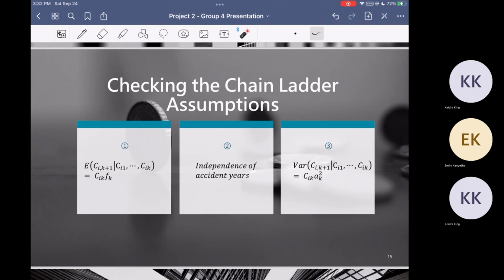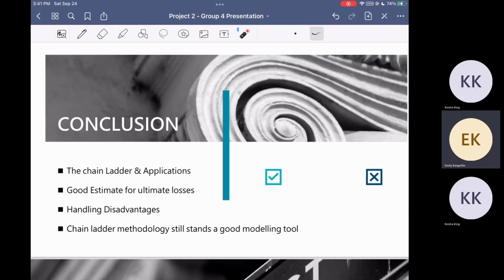The independence of accident years, and the variance of CIK plus 1 given CI1 to CIK is CIK times alpha squared K. And in conclusion, we can conclude that the chain ladder method has applications beyond just providing a confidence interval for ultimate losses, which can also be compared to alternate estimates for ultimate losses, including expected claims.